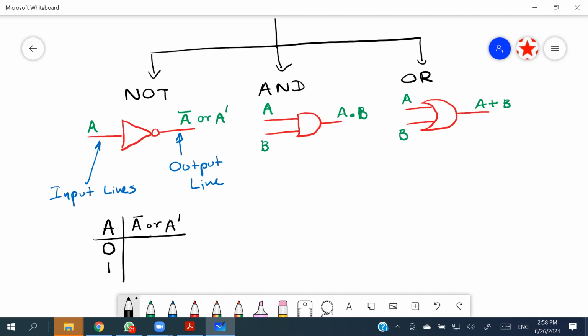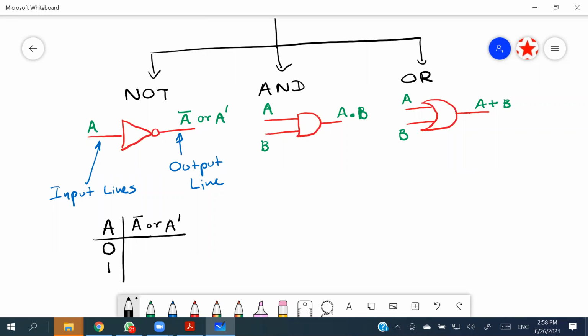So if 0 is given, what happens when it goes through this logic gate, the NOT gate, this triangle and the little circle? We call it, the input value will be inverted, right? In simple terms, change into its opposite.